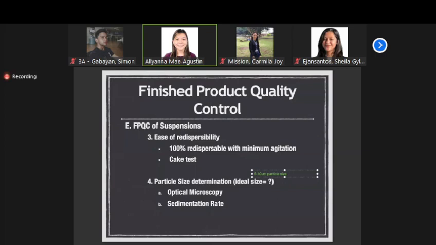Okay, correct. So, there, you have your particle size.